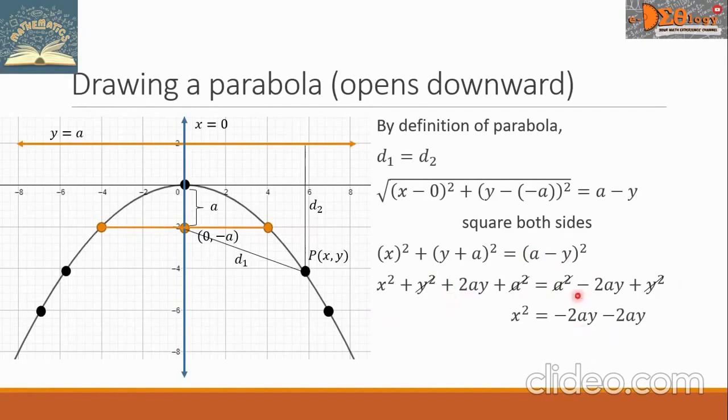So the right side is this negative 2ay, and minus 2ay. Combining the terms of the right side, we have now negative 4ay. So it means to say we have now the equation of parabola with vertex at origin and opens downward. This is now the equation.